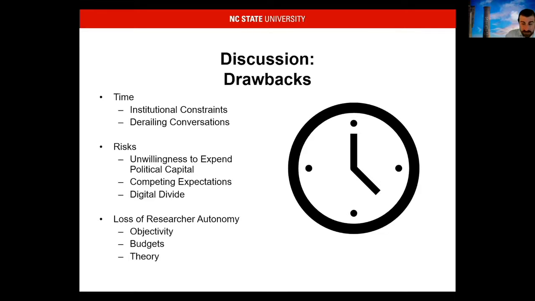And then as a researcher, I also want to note that there can be a loss of researcher autonomy. Some of that can be a loss of objectivity, right? Being involved subjectively in the process, and we're always all subjectively in a research process. I mean, even the most natural of sciences has ideological constraints in the framing of questions and answers.